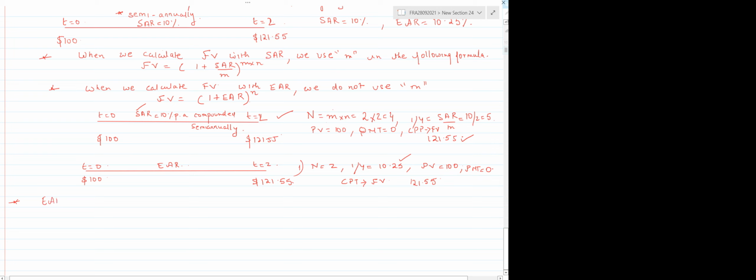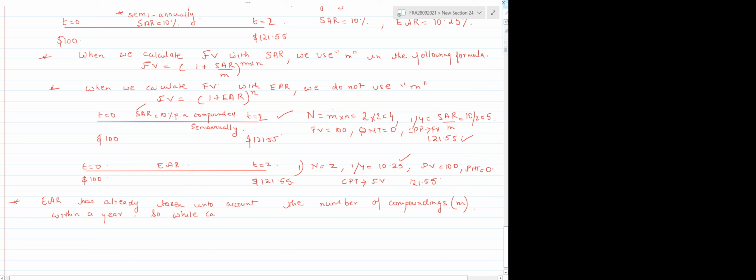So I'm writing this down here. EAR has already taken into account the number of compoundings, and the number of compoundings was what? M. So EAR has already taken into account the number of compoundings, or M, within a year, right?